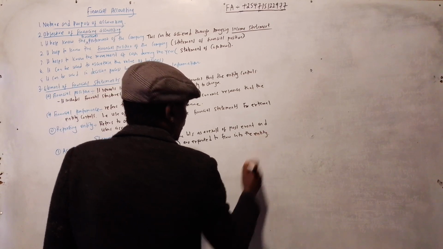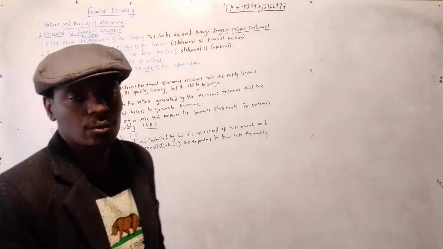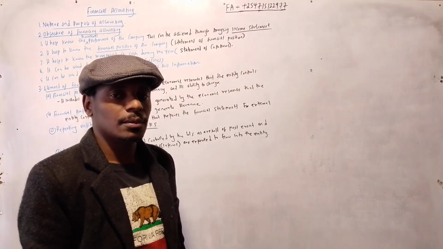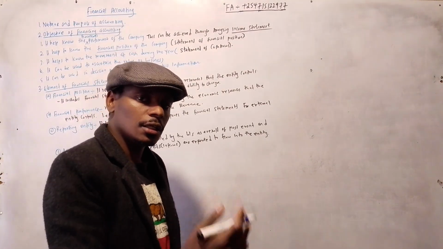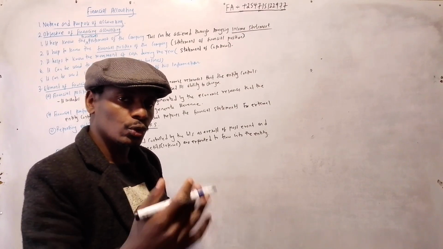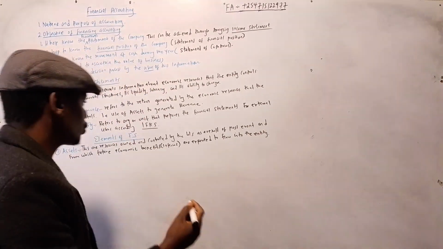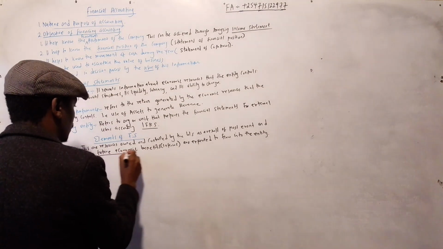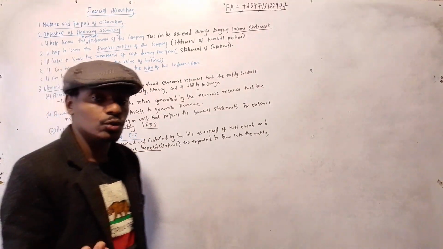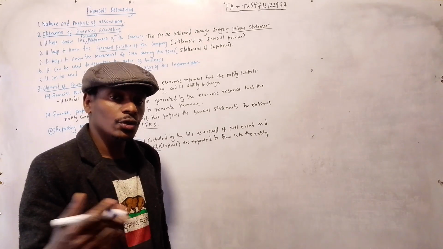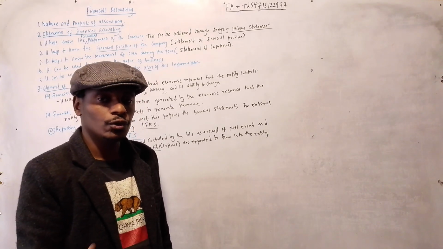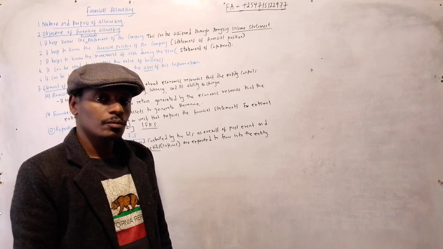Now, if an asset cannot generate revenue, in most cases we cannot categorize it as an asset. So an asset is any item which is controlled by the entity and can be used to generate future economic benefit, for example revenue.